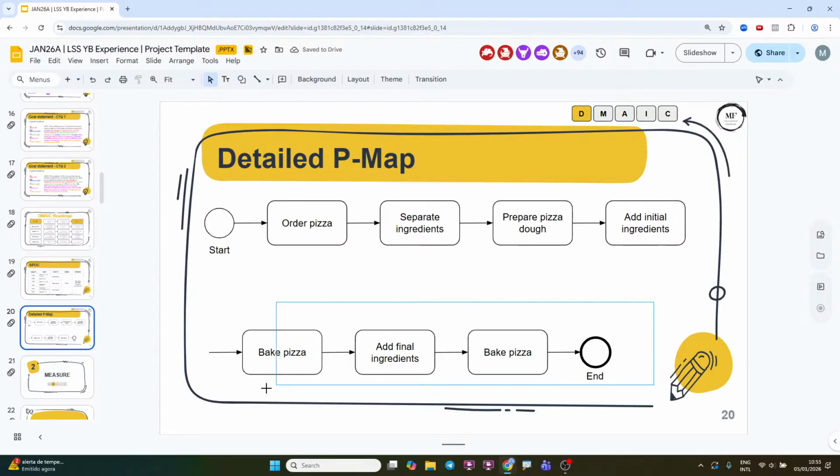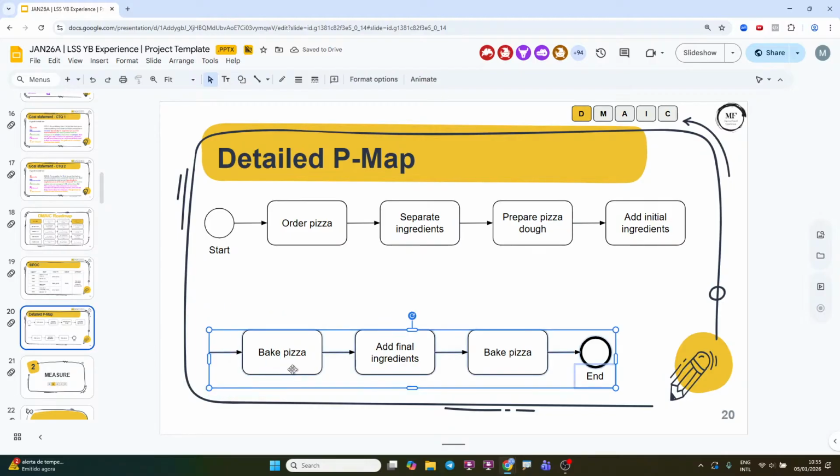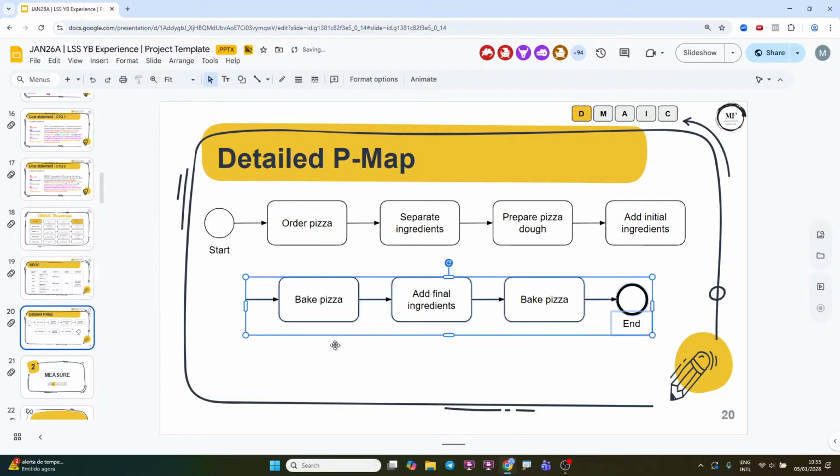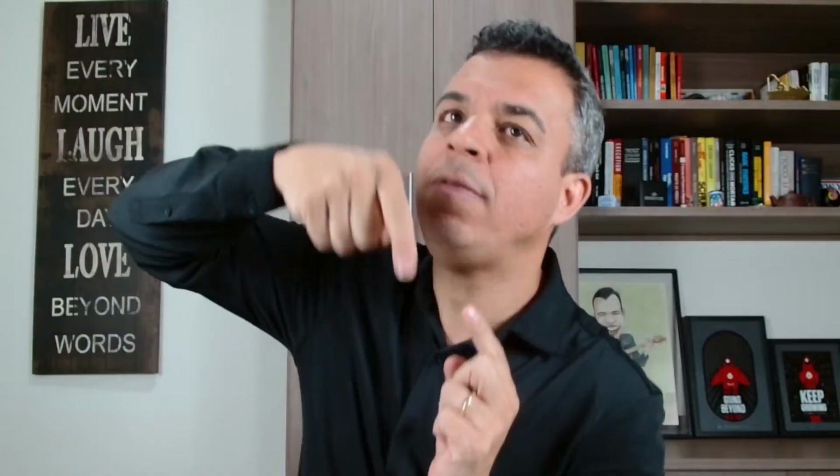And you can be sure that when you do that and you look at your problems, you will be enlightened in a way that, wow, I want to deep dive in this process step. I want to check how they are adding final ingredients. I want to deep dive the baking process. There's a serve pizza. Are you guys following me? So you may highlight here, you can color code.